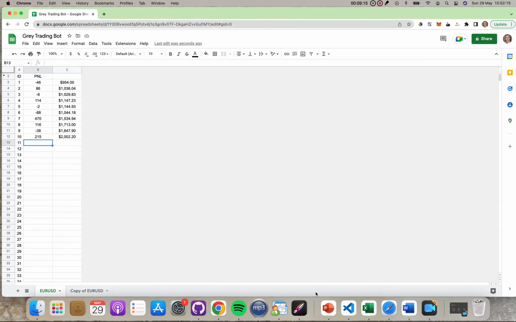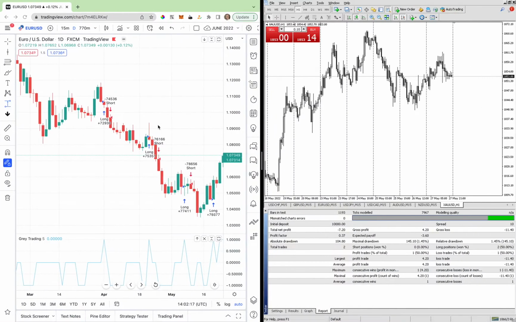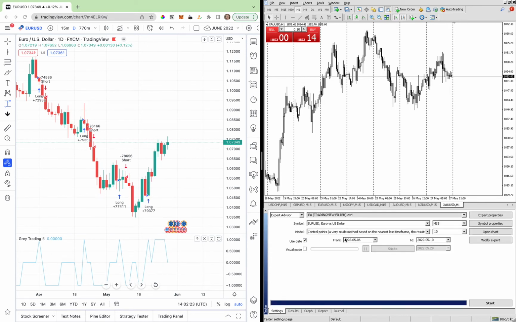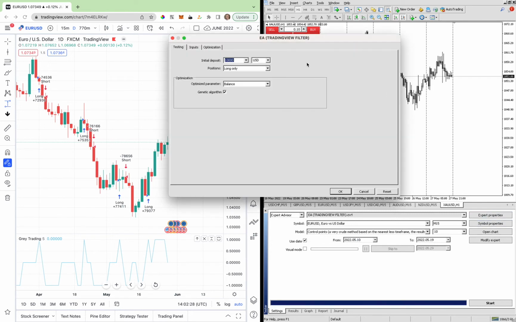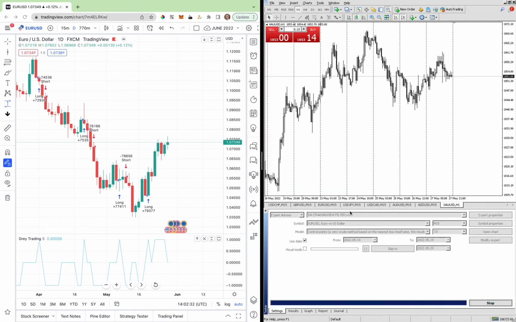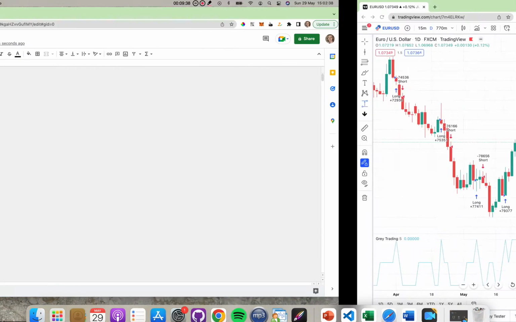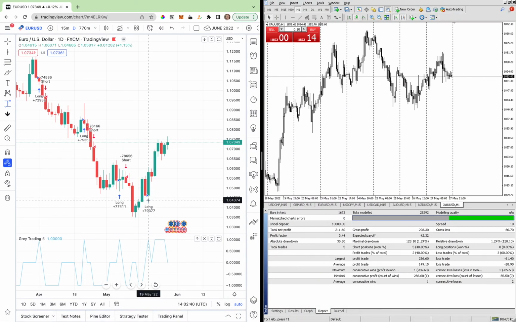Okay, so minus $7, again insignificant. 10th to the 19th. $211, and finally to top it off we've got 19th of May to the present day.